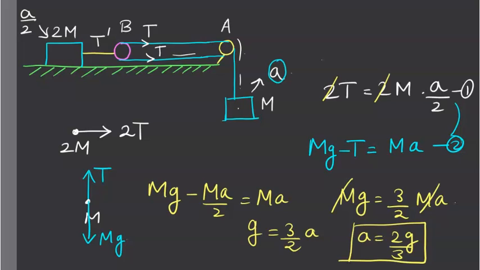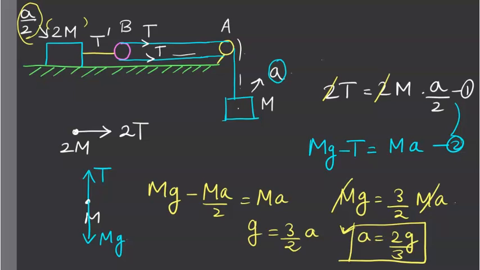Now the question is that we have to find the acceleration of the masses. We have found the acceleration of the capital mass m, and for the block of mass 2m, it will be a by 2, that means g by 3. Now tension you can also find easily, just by substituting.